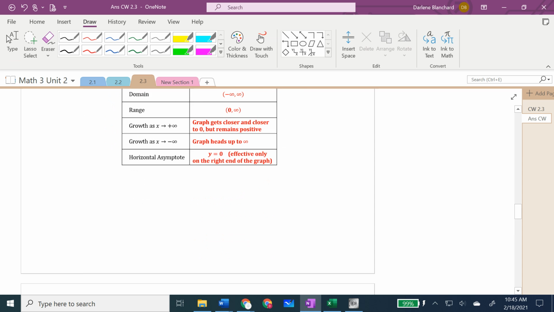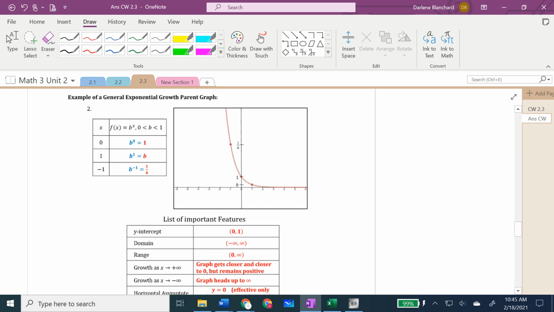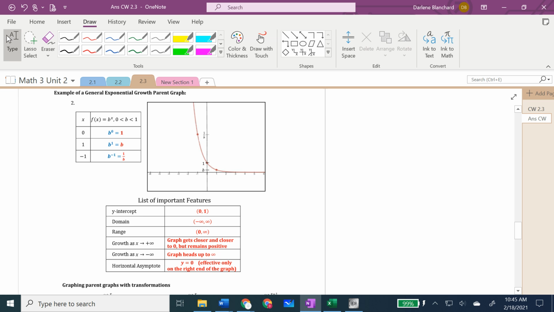And I need to then go over here. I need you to draw this graph on your own. The important points are the intercept of 1, and then you can choose which of the other 2 points you prefer. Do you prefer plotting a fraction, or would you rather flip your fraction?